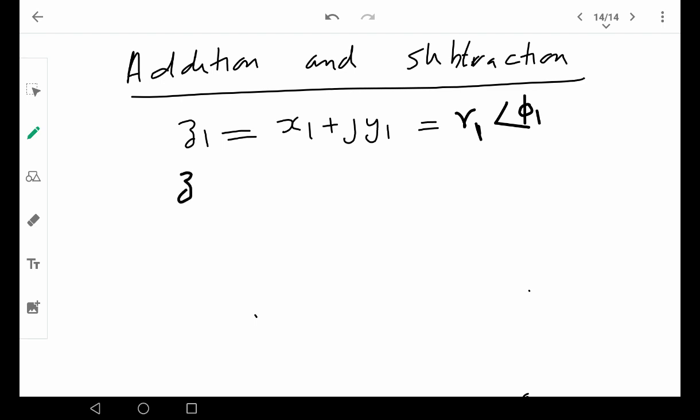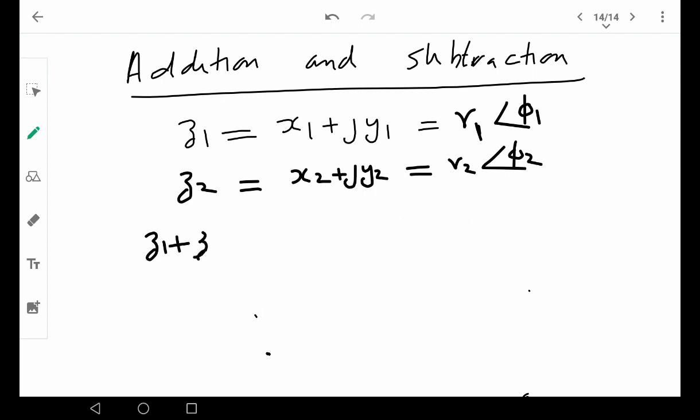I have another complex number z2 equal to x2 plus jy2, given by r2 angle phi2. If I am adding both the complex numbers, you have z1 plus z2.